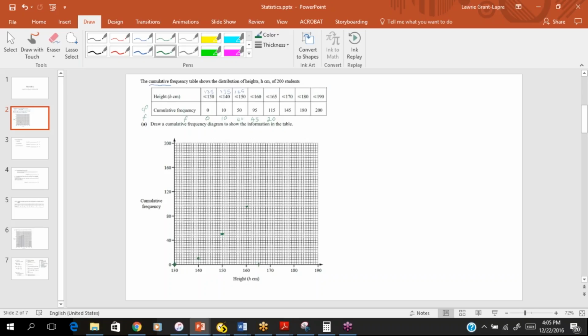Yeah, we go up 20, that's 115. So that's 96, 100, 104, 108, 112, 116, and we want 115. Make sure we're on the right line, just below the 116 position.